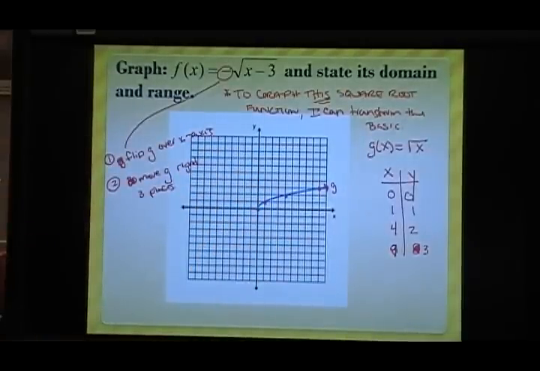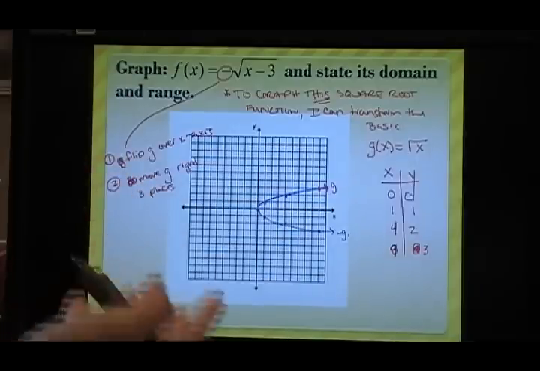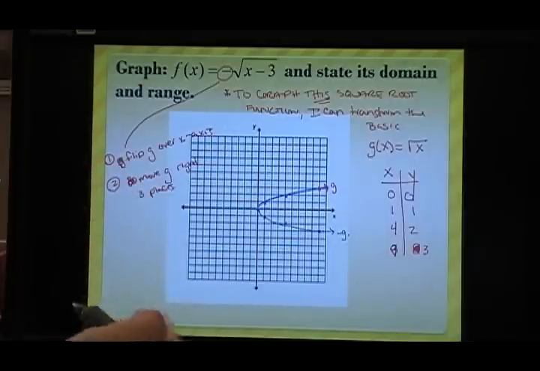So this point is going to go here, this point will go here, and this point, it was at +3 and now it's going to be at -3. Okay? So this is what the opposite of g looks like, or that's what it looks like when I take my g and I flip it over the x-axis. So this part is done.